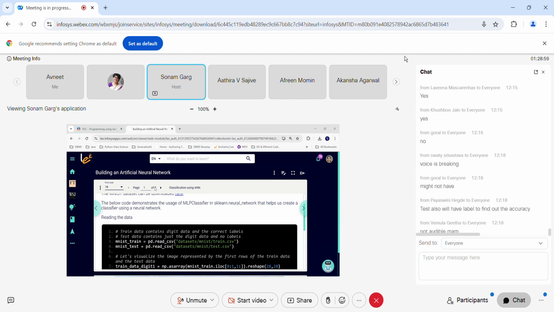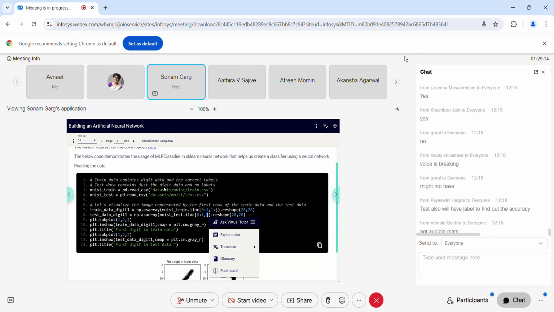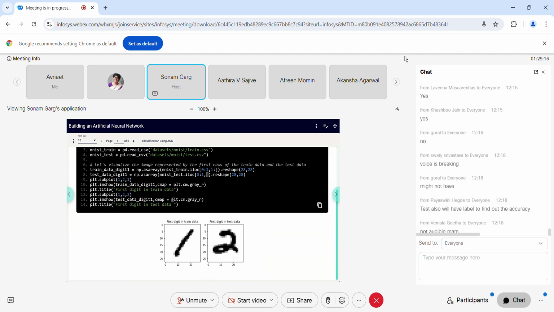For prediction purpose we'll be using it, not for checking the test accuracy. It doesn't contain labels. That's why the test data can be taken right from the zeroth column here. So plotting for training data, the first digit looks like this, and the first digit in the test data is looking like this.